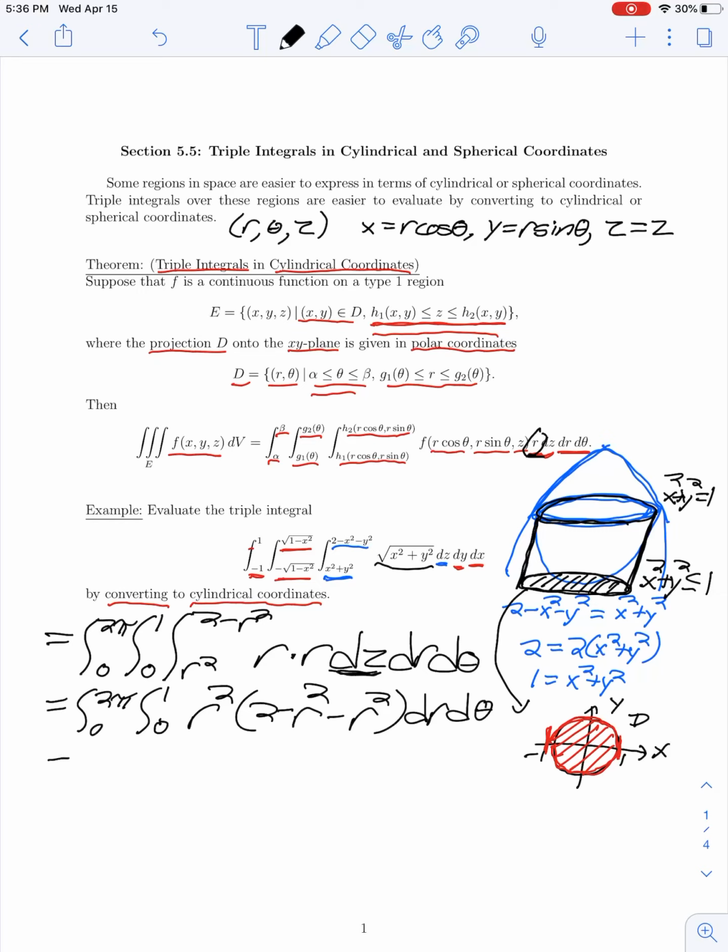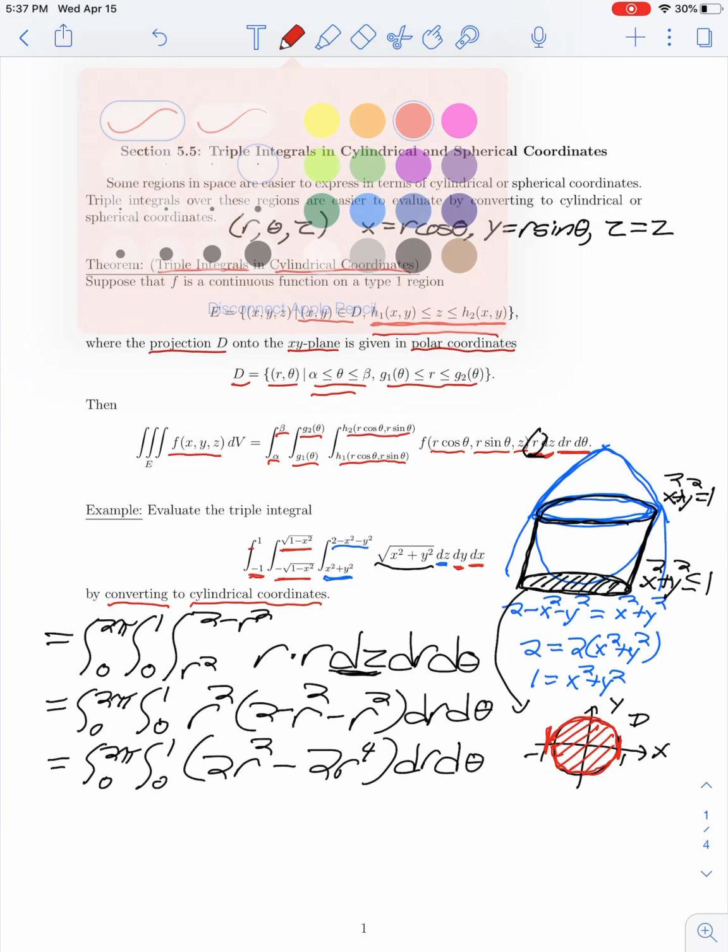So let's simplify a little bit here. We now have the integral from 0 to 2 pi and from 0 to 1. Grouping like terms and distributing the r squared, we have 2r squared minus 2r to the fourth dr d theta. So now we can use our sort of shortcut technique here.